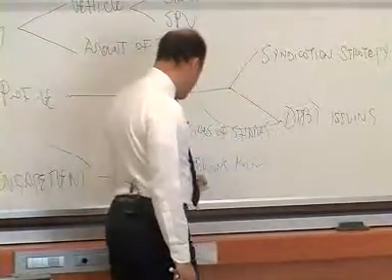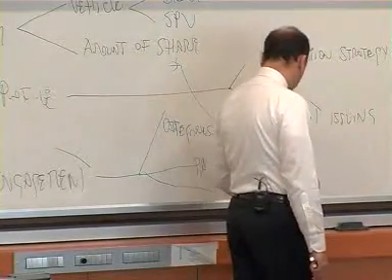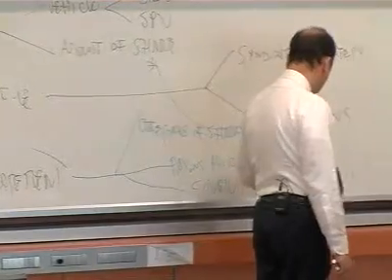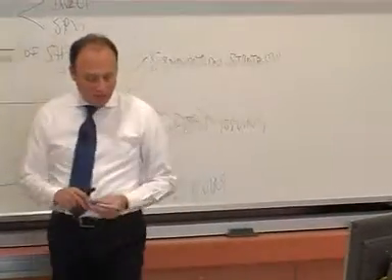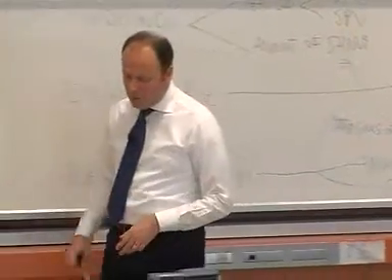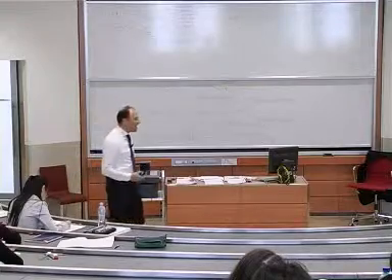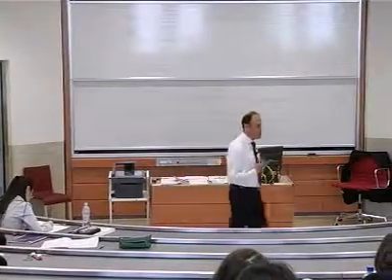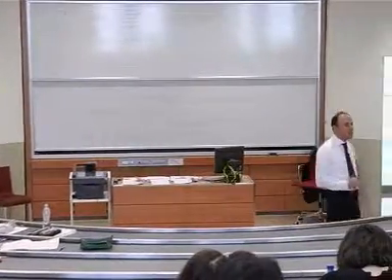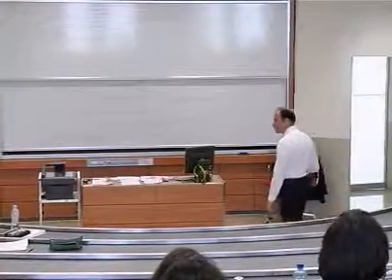And the last problem is governance rules. So for the engagement, we have three different problems we have to face. The first problem is categories of shares. The second problem is paying policy. And the third problem is governance rules.